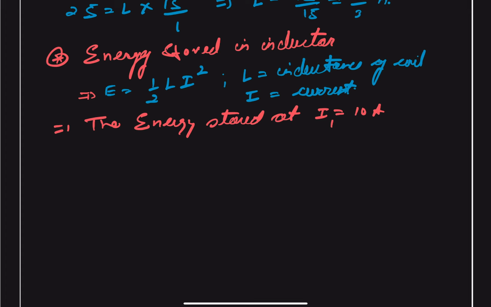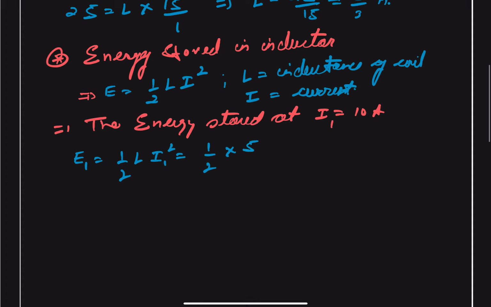So therefore we can write that our E1 will be equal to half L I1 square. So the inductance we just found out is 5 by 3 and the current is our 10 ampere, and this gives us 500 upon 6 joules.